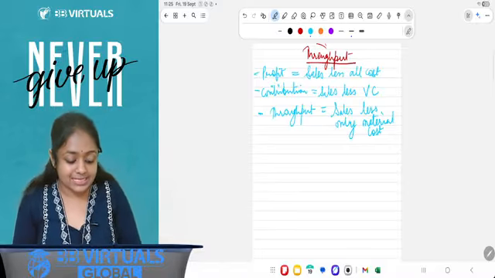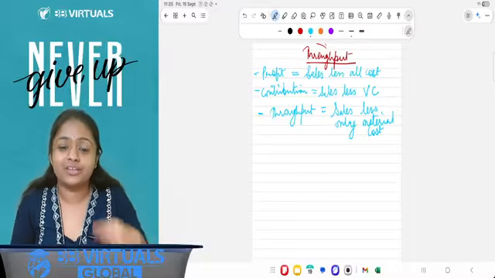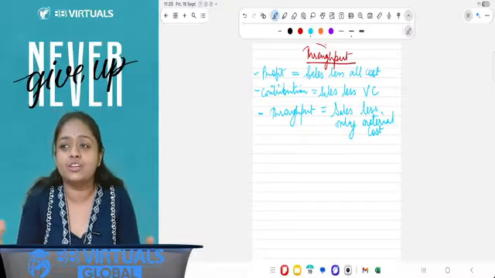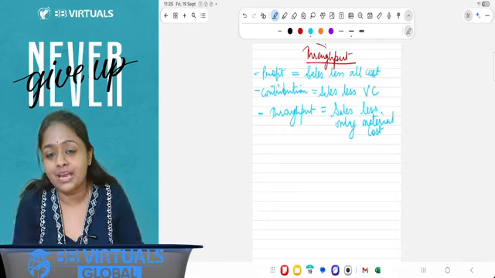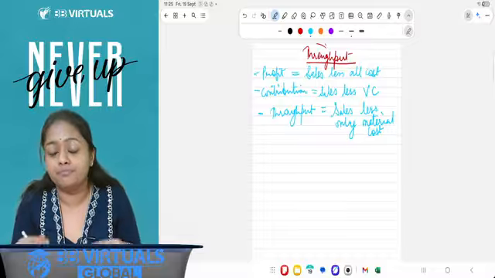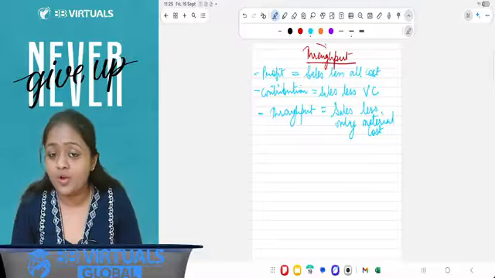So this is basically what throughput is about. Throughput is just like profit, just like contribution, just that we are focusing on a different kind of benchmark, a different yardstick to measure our performance. That is throughput. I hope all of you are with me.